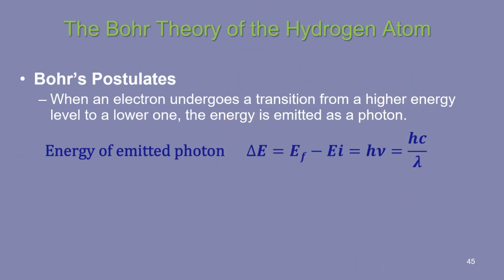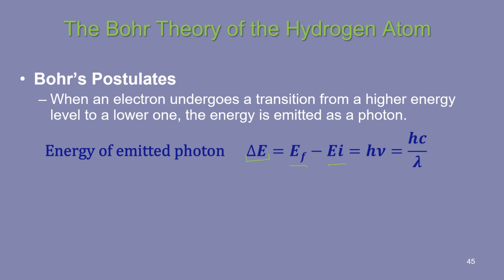So we can actually find out what the actual energy is for any transition. Again, if an electron goes from a higher level to a lower one, the energy is emitted. Of course, if you go from a lower level to a higher level, it's absorbed. But either way, you can find the delta E. The delta E is just the energy of the final state minus the energy of the initial state.